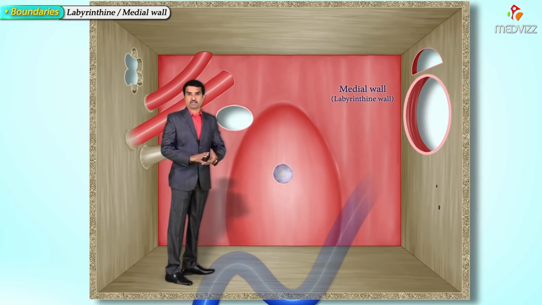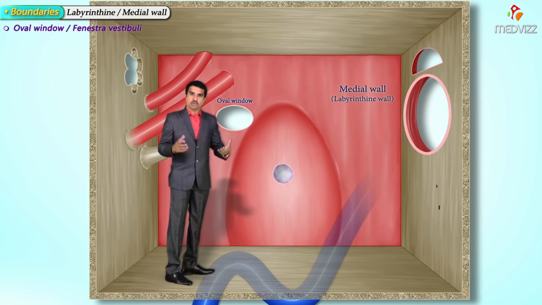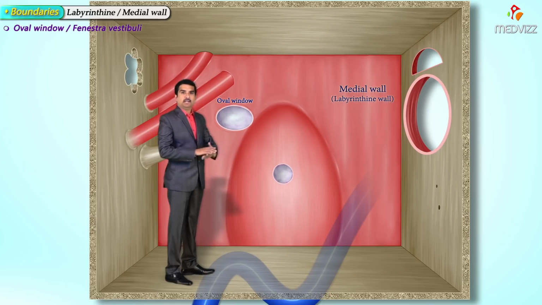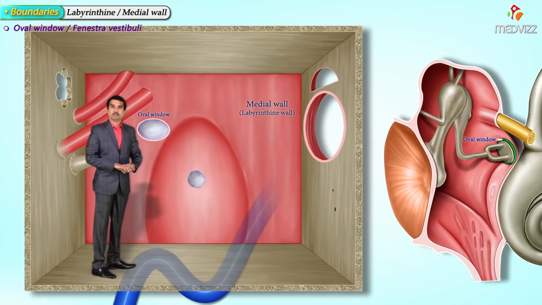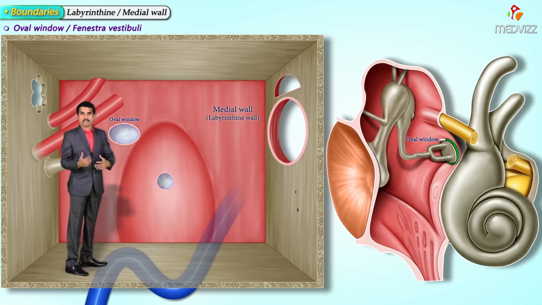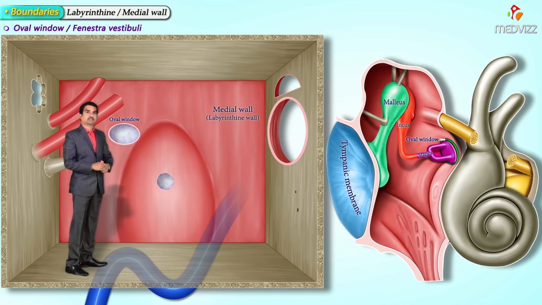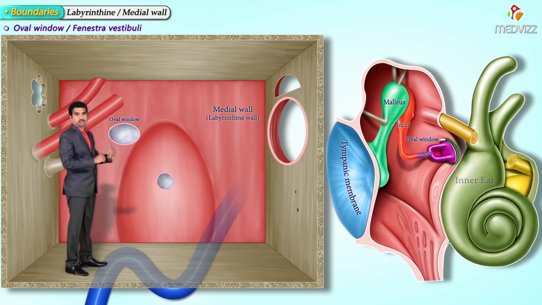The next structure is the oval window. The oval window is also called the fenestra vestibuli. It is also a membrane covered opening that leads from the middle ear to the vestibule of the inner ear. The vibrations that contact the tympanic membrane travel through the ossicles and enter the inner ear.